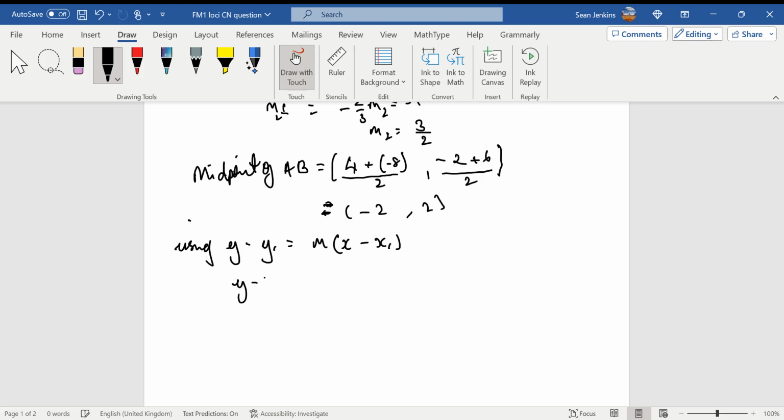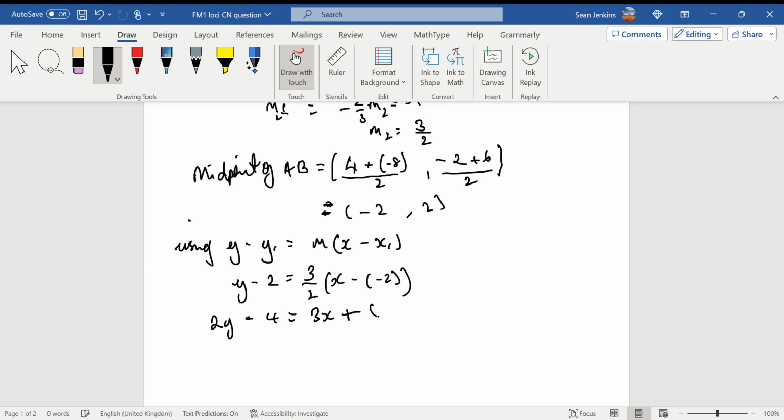We got y minus 2 is equal to the gradient, which is 3 over 2, times x minus x1, which is minus 2. And then I just do a bit of basic algebra. 2y minus 4 is equal to 3x plus 6.